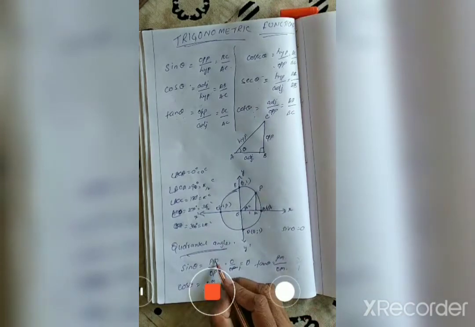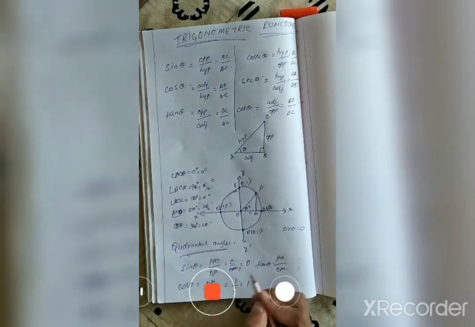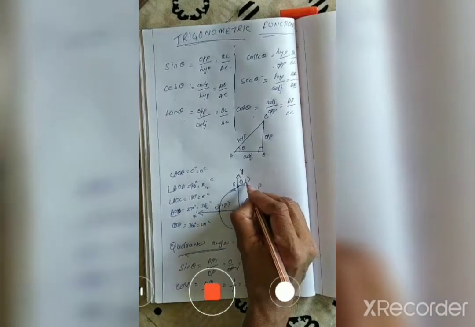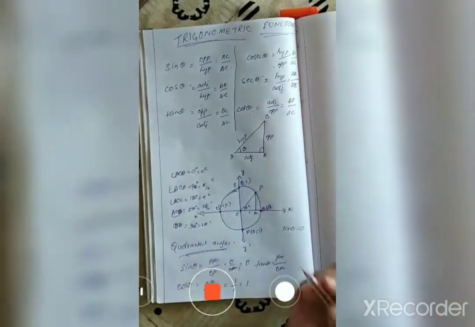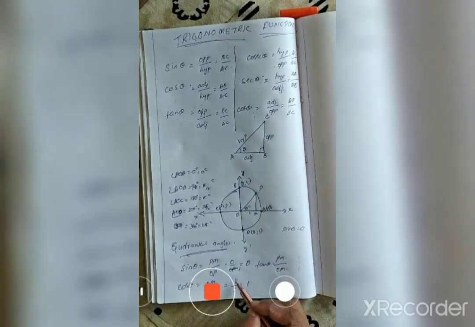So opposite side PM is 1 by hypotenuse 1, so 1 by 1 is 1, and cos 90 is adjacent side, it has become 0 by 1, which is 0.